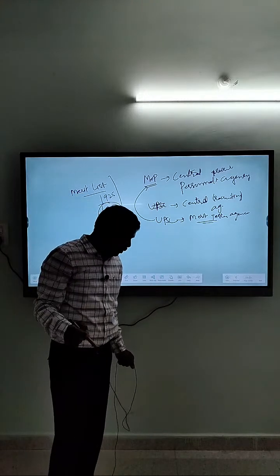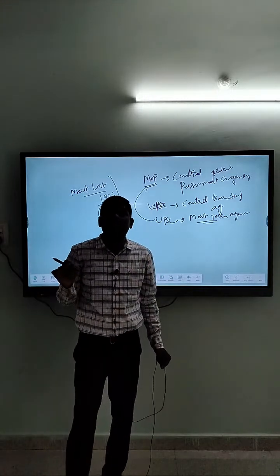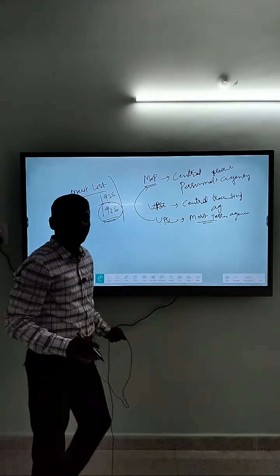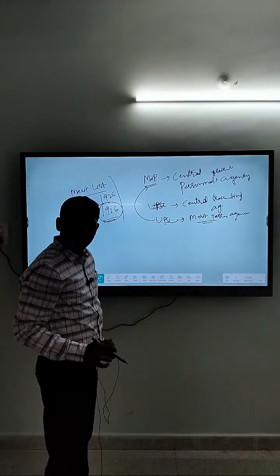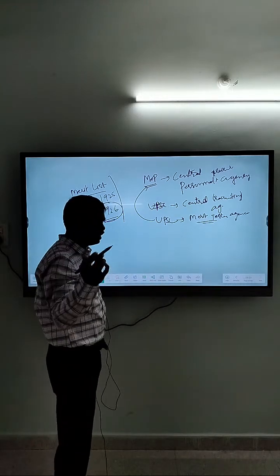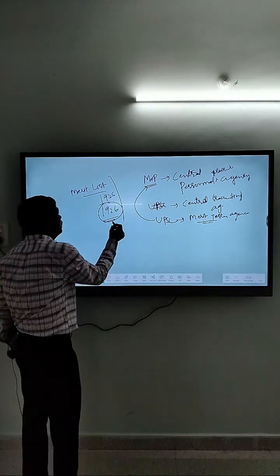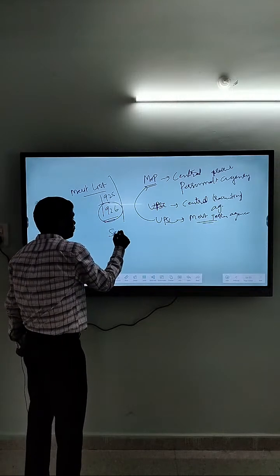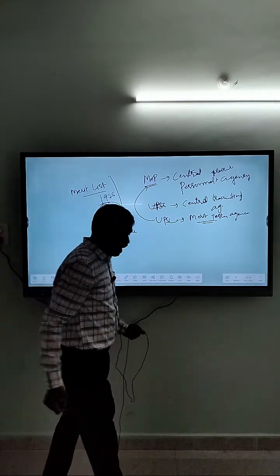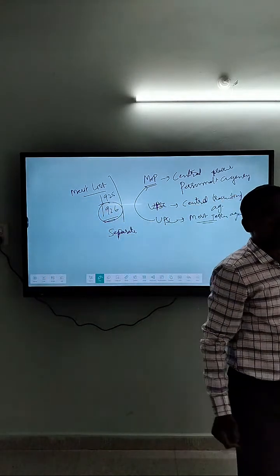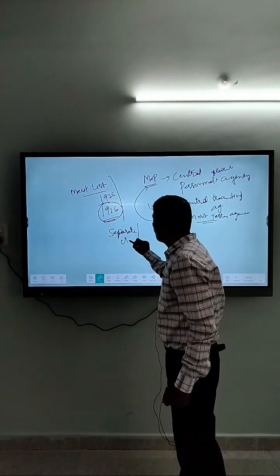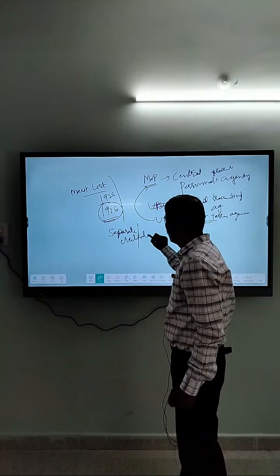Another important point which I missed is that the 1919 Act extended the concept of separate electorate. A student asks: can you differentiate between UPSC and the Central Commission, sir? I'll explain the difference.